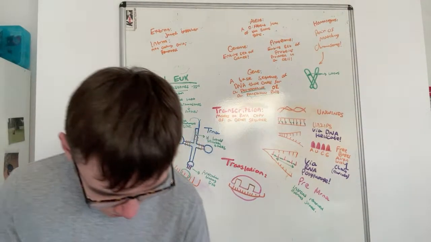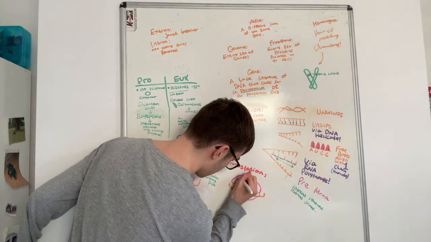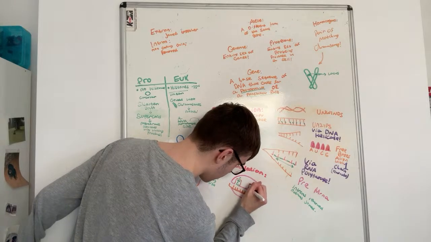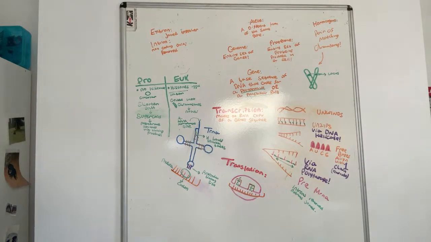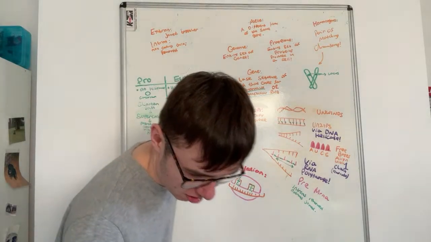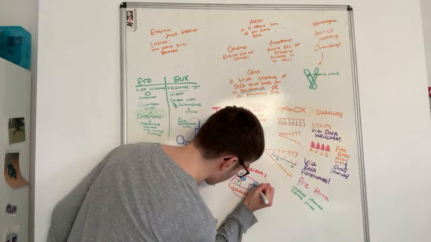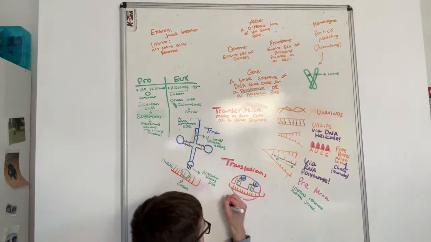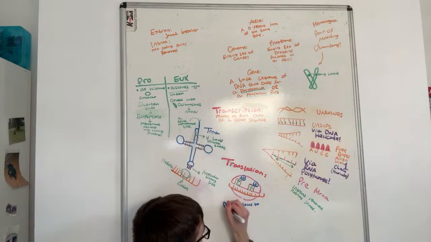Okay, so the tRNA, which I'm just going to draw as a little plus sign, brings a specific amino acid. So in other words, the mRNA joins to the ribosome.